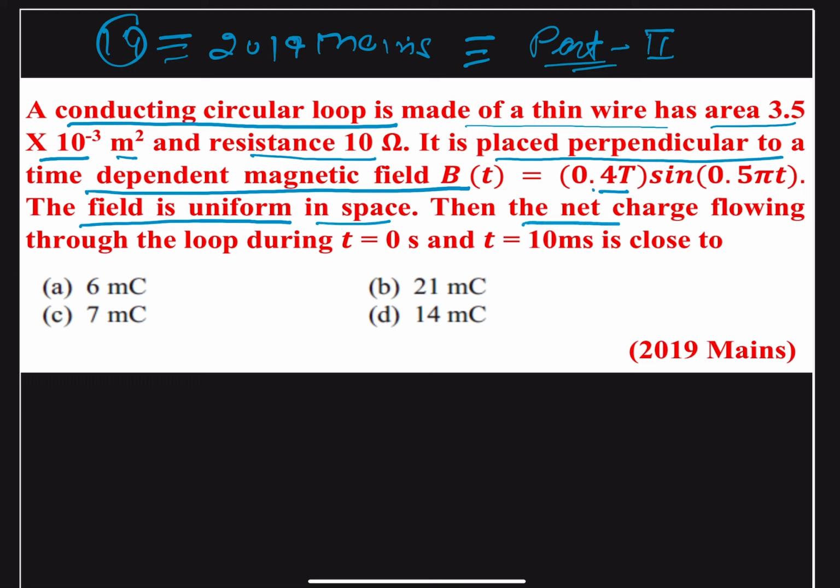Then the net charge flowing through the loop between t is equal to 0 and t is equal to 10 millisecond is close to. So we are given a circular loop and we have to find out what will be the net charge flowing through the loop between the time. Okay, and here the field is our time dependent field.